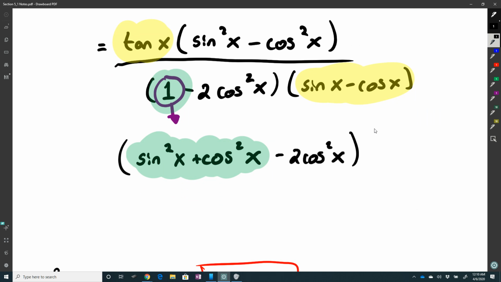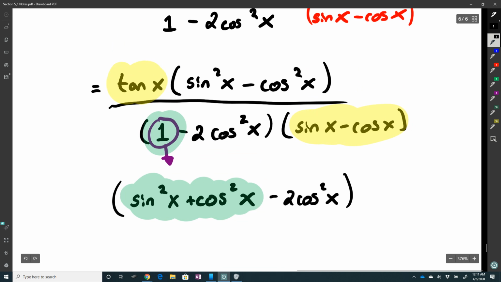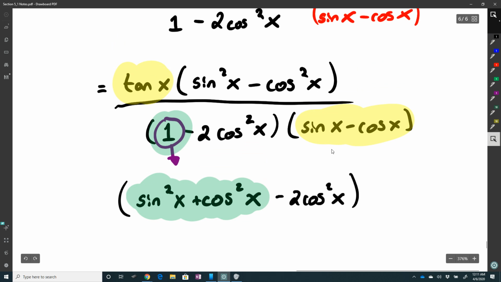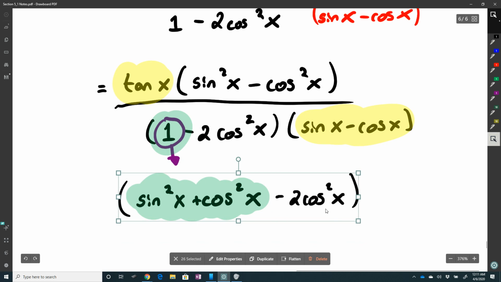So cosine squared minus 2 cosine squared. Right. I'm being lazy.